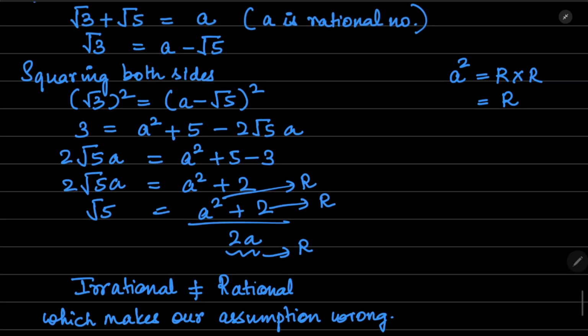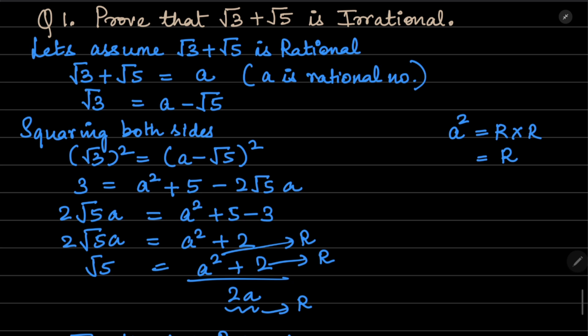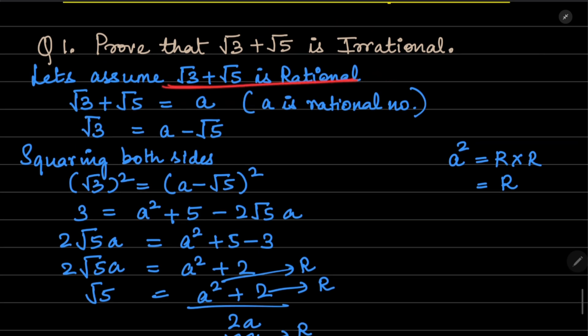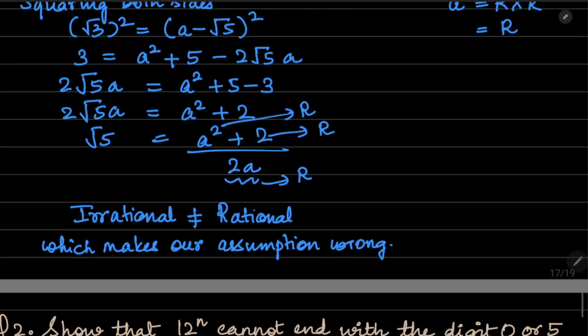And what did we assume? We assumed that root 3 plus root 5 is rational. So this assumption is wrong. Therefore, root 3 plus root 5 is irrational. Hence proved.